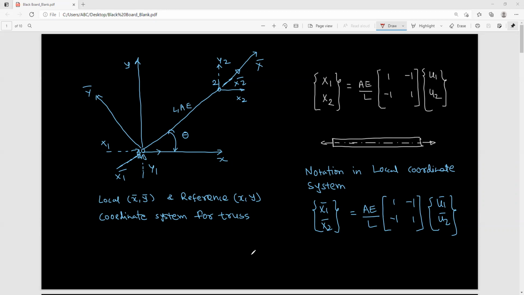Okay, so in today's class, we are going to learn how to obtain the stiffness matrix in the reference coordinate system.